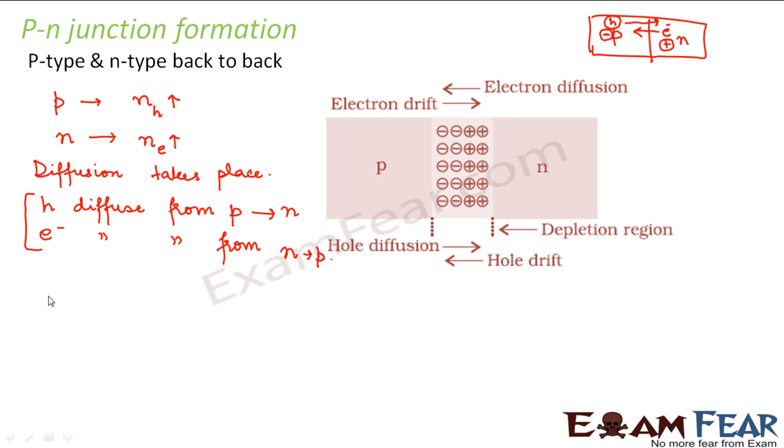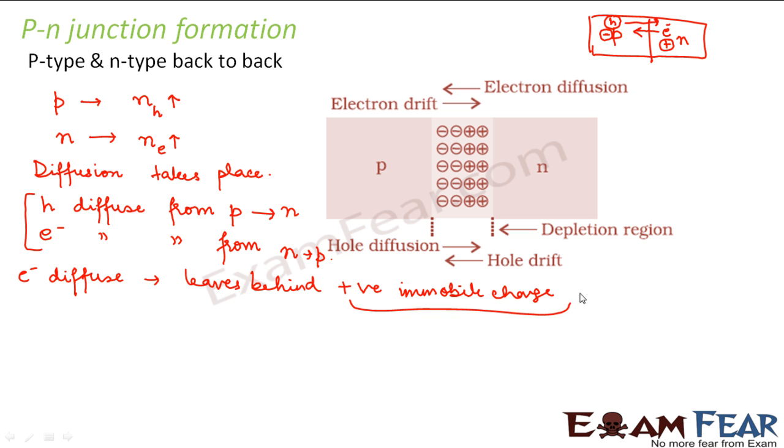And these charges give rise to a region. When an electron diffuses, it leaves behind a positive immobile charge. These positive immobile charges give rise to a positive space charge region on the N side.